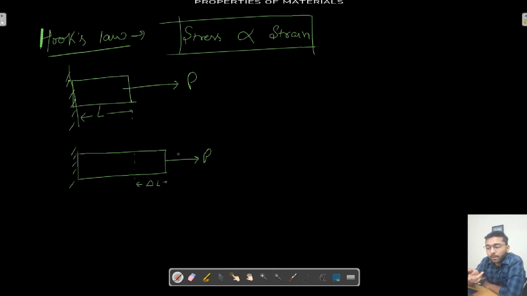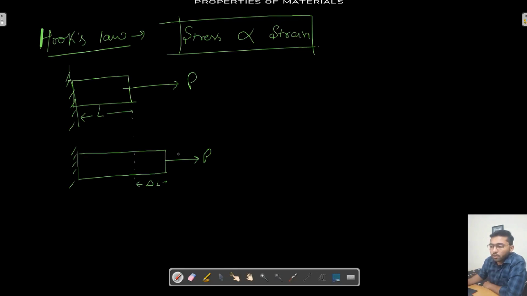That change will depend upon the nature of the applicable force. So in this case, it is very clear that the force is tensile in nature, and due to the tensile nature of force, the length of the body actually changes and it increases. So this is known as the strain, the change in length with respect to the original length.